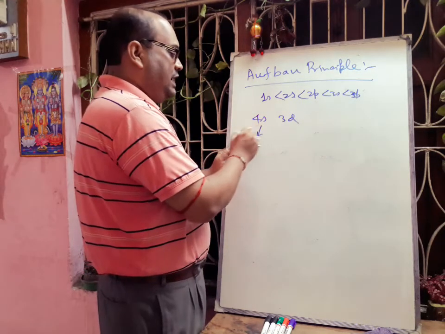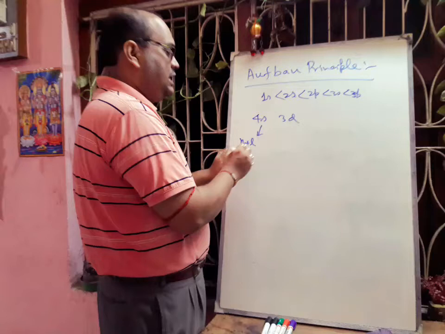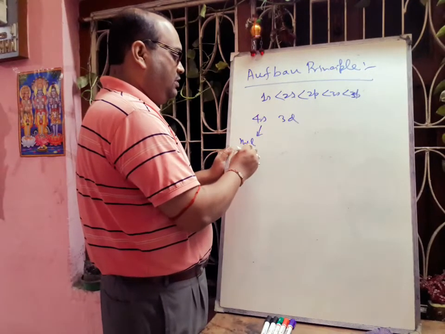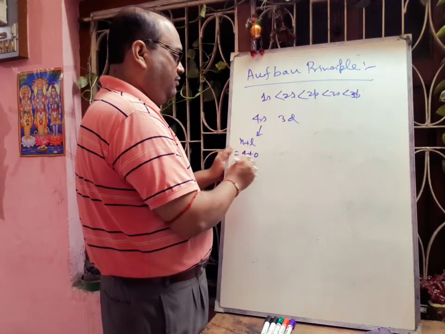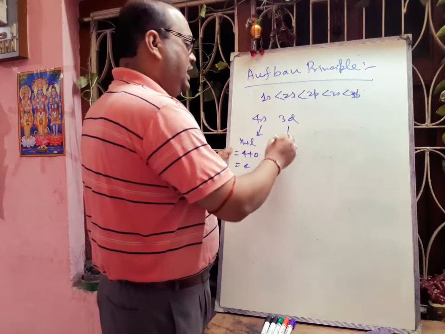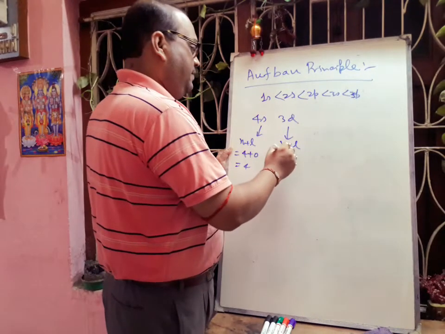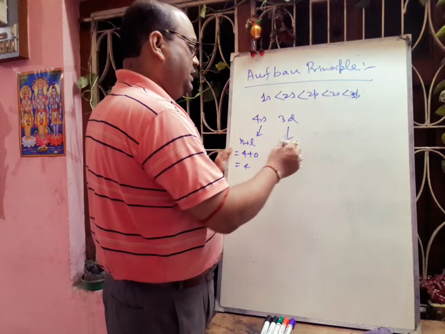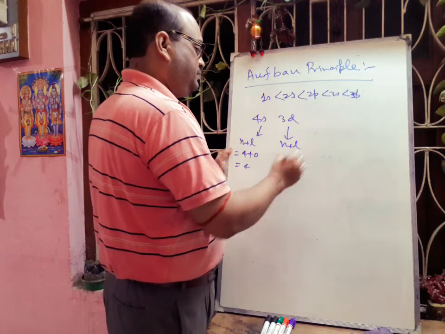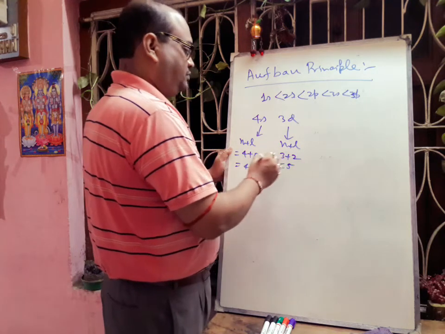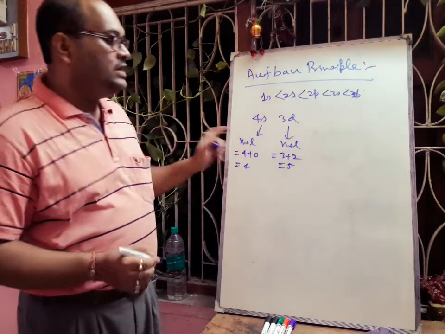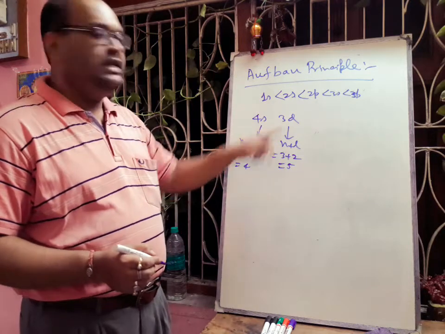But if we calculate the n plus l value, then you can easily understand. In case of 4s, the n plus l value will be 4 plus 0, that will be 4. But in case of 3d, the n plus l value will be 3 plus 2, that is 5. So which one has the higher value of n plus l? 3d.